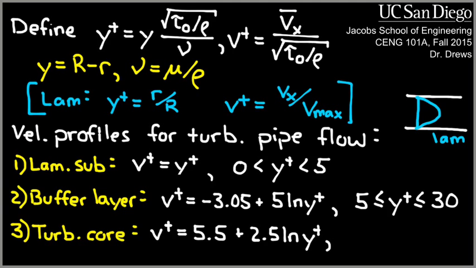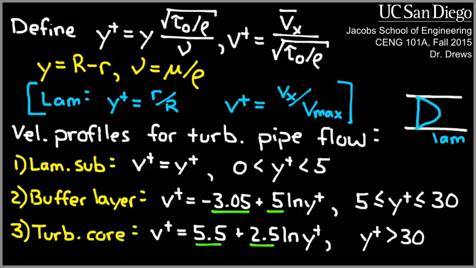And this is valid whenever Y plus is greater than 30. So again, these profiles all have, well, 2 of them anyway, have this natural log dependency that we estimated or we thought was reasonable by our derivation from the law of the wall, but then we ended up having to go out and experimentally determine all of these coefficients.